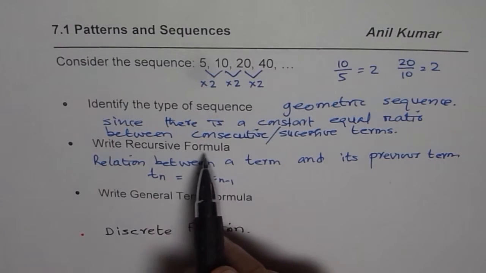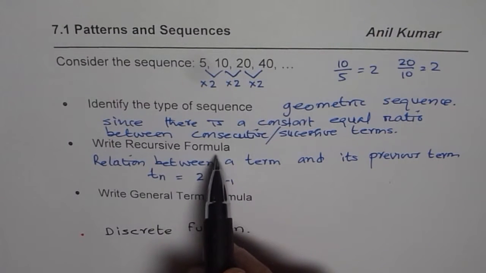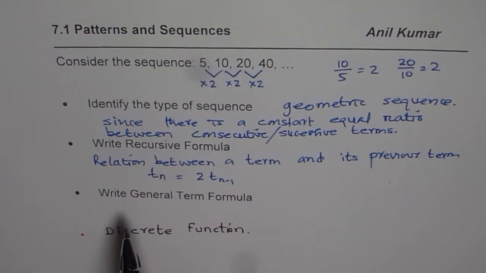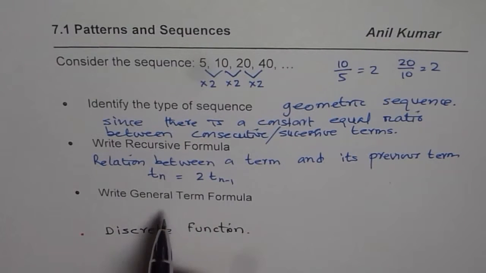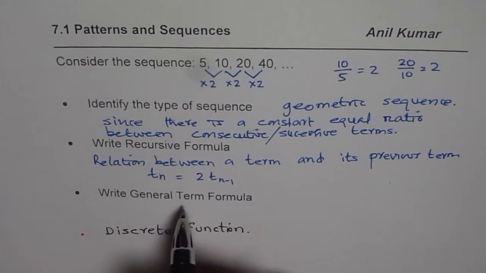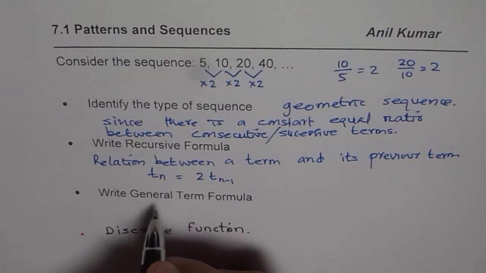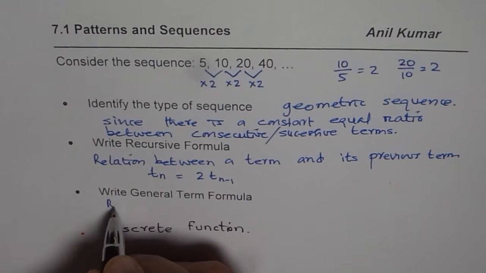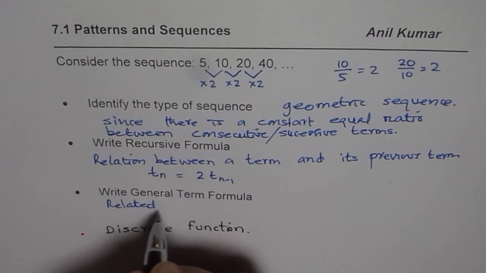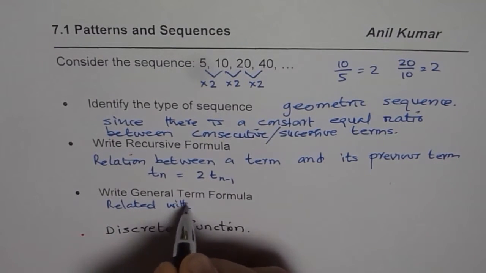So in recursive formula, to know any term, we should actually know the previous term. Then only we can find the next term. There is another way of relating the terms in the sequence, and that is general formula. Now in general formula, we can find the term by knowing the term number.